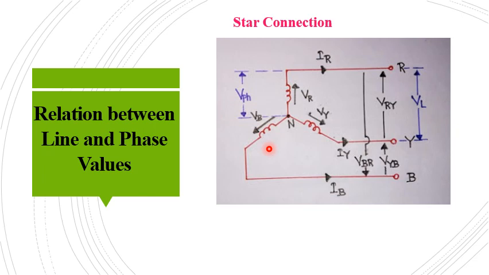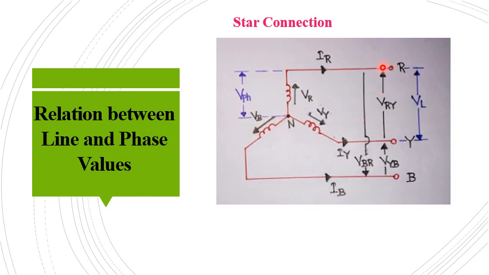Let's first see the relationship between the phase voltage as well as the line voltage. So we know that the phase voltage is the voltage across one phase, or the voltage across one coil, or in other words, the voltage between one transmission line and the neutral.